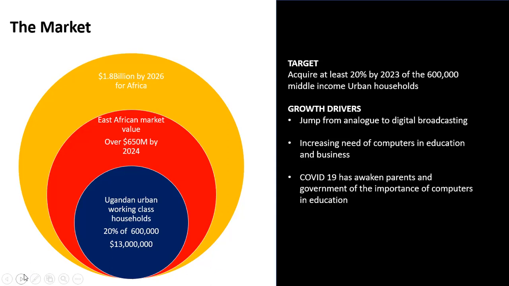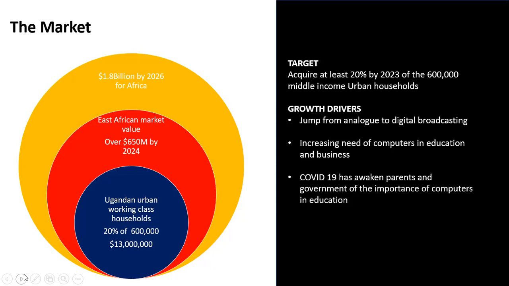Then you can say East African market, what's the population that you are targeting? And if that population was to totally buy at the price of your product, then the value will be 650 million. But how many of that population is he targeting? So that's how we value the market. We just take the population that we are targeting, the exact population, then multiply times the rate of our product and the frequency at which they'll buy in a year.